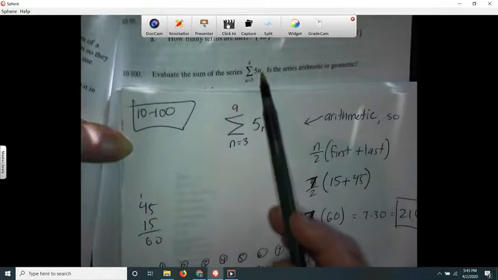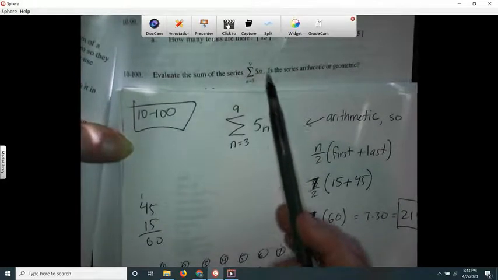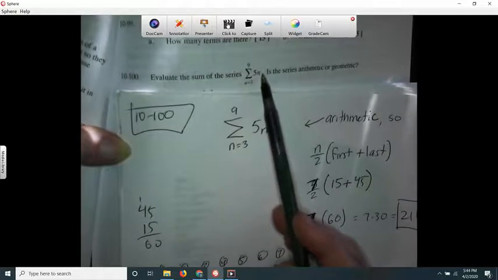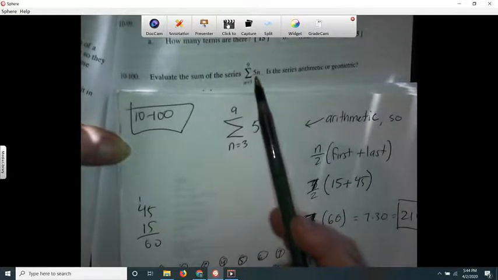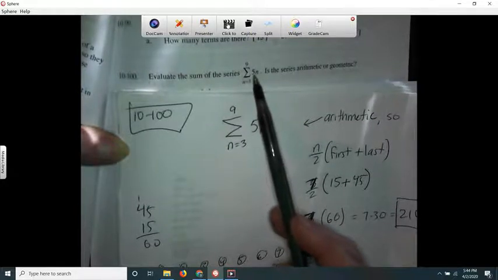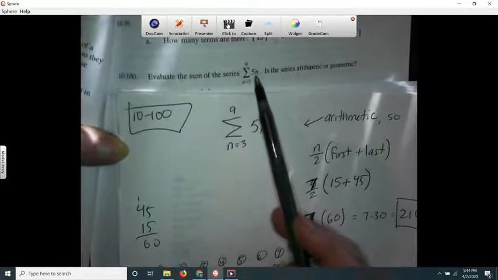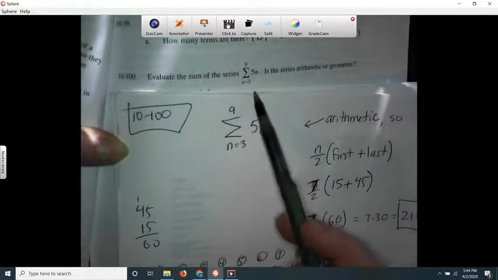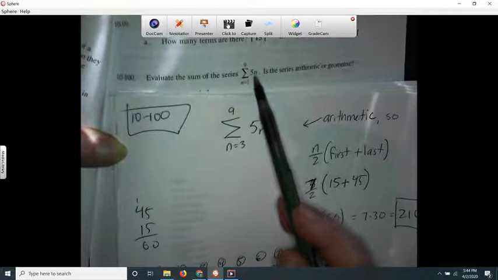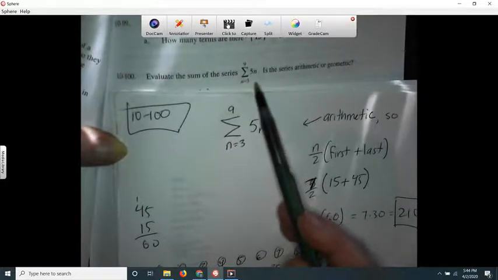Well, this right here is how you can generate each term of the series, and this is linear. So it's like y equals mx plus b. The first term would be, in this case, plug a 3 in there. First term would be 15.